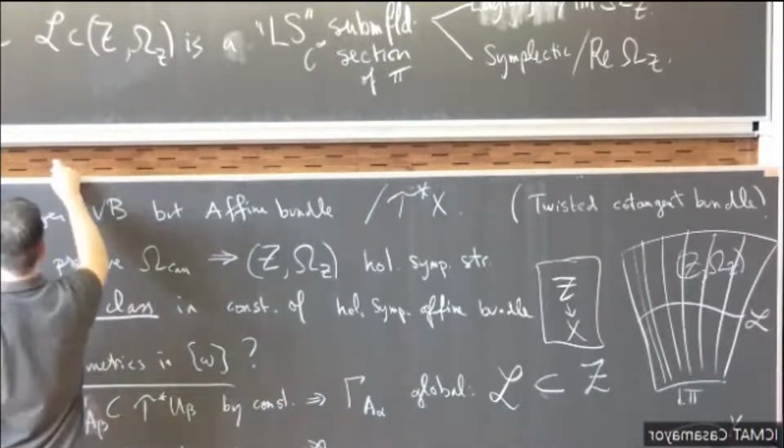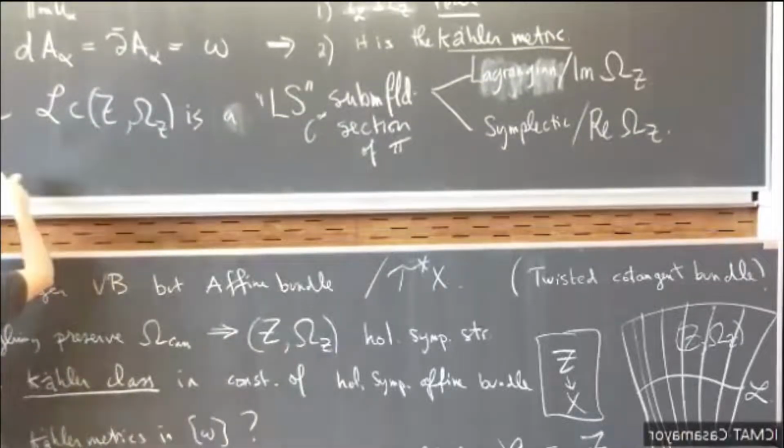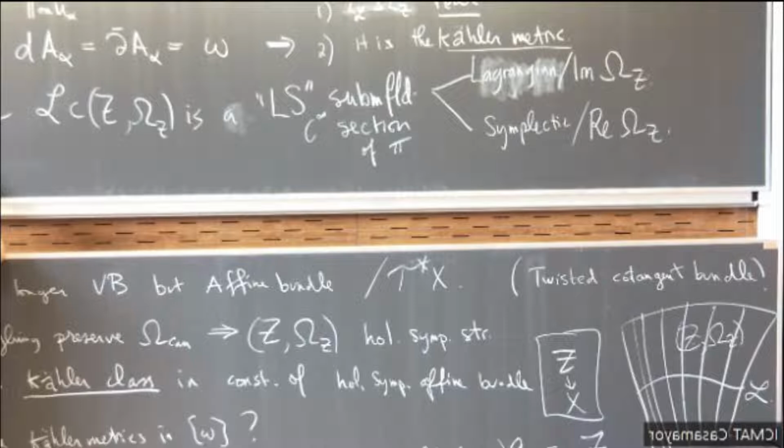And maybe the remarkable fact is that this really shows very clearly that a Kähler metric depends on a scalar function, because it's a Lagrangian submanifold, and therefore it's a generating function, or if you give me a function.